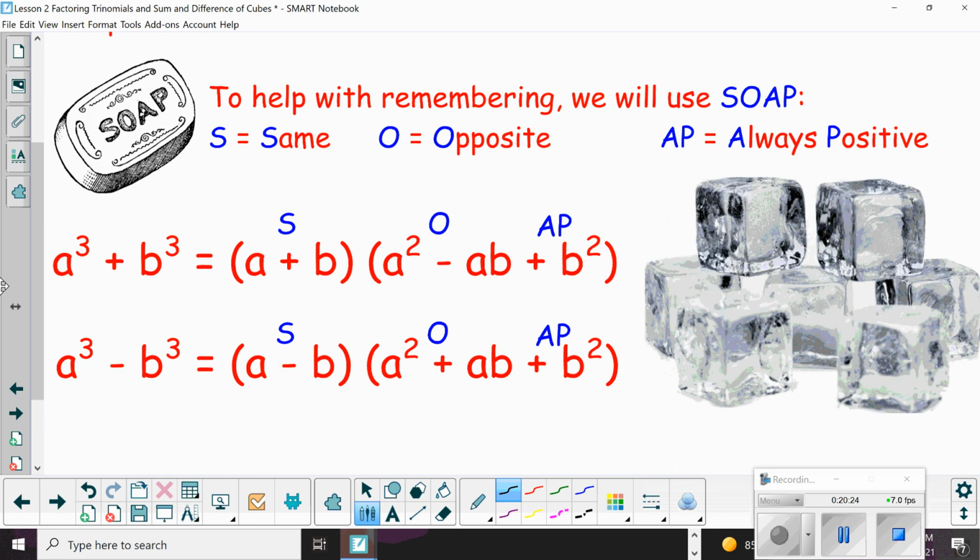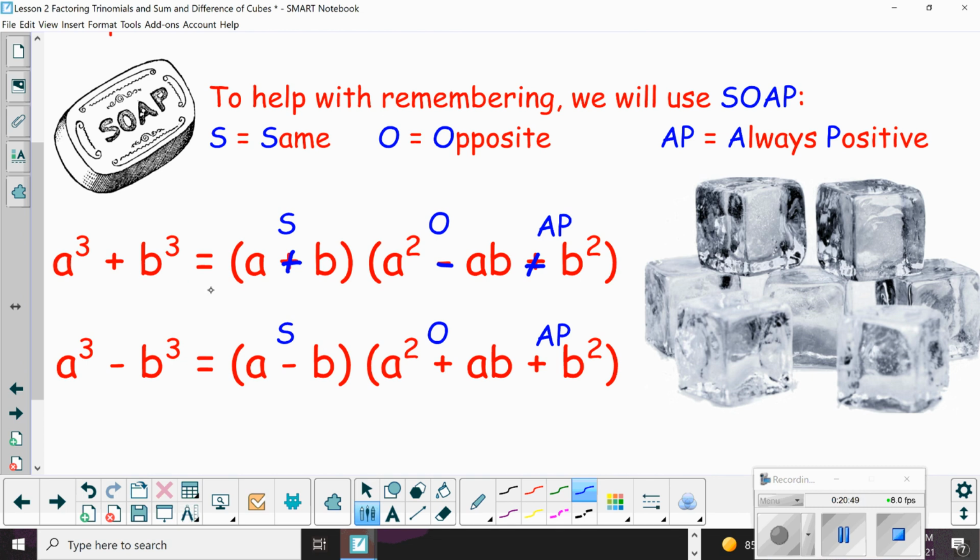So here it is. If I've got a cubed plus b cubed, very first thing I'm going to do is put plus, minus, plus. And I know that because it's the same. This was addition, so this is addition. The opposite of addition is subtraction, and then it's always positive.